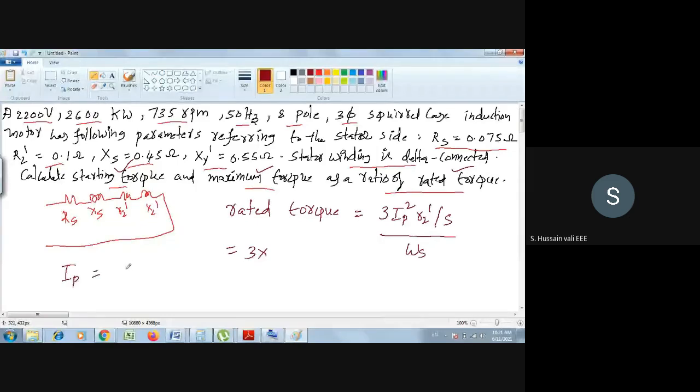You apply KVL here, then you will understand yourself what the IP value is. So it is V phase divided by square root of (Rs plus R2 dash by S) whole square plus (Xs plus X2 dash) whole square. This is your IP value. So we are finding each IP first. This is the formula.